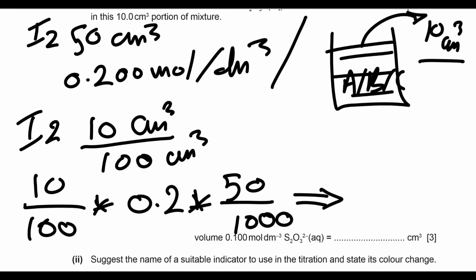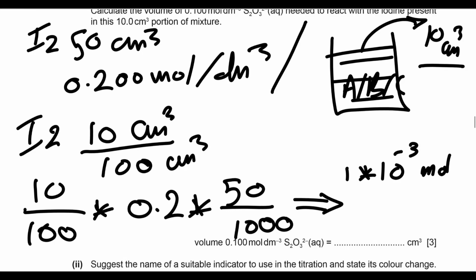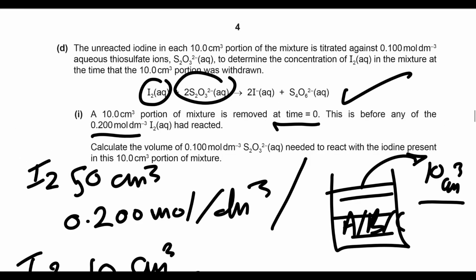So this one will give us this number of moles, which is 1 × 10^-3 mole of what? Of iodine. So iodine 1 × 10^-3.